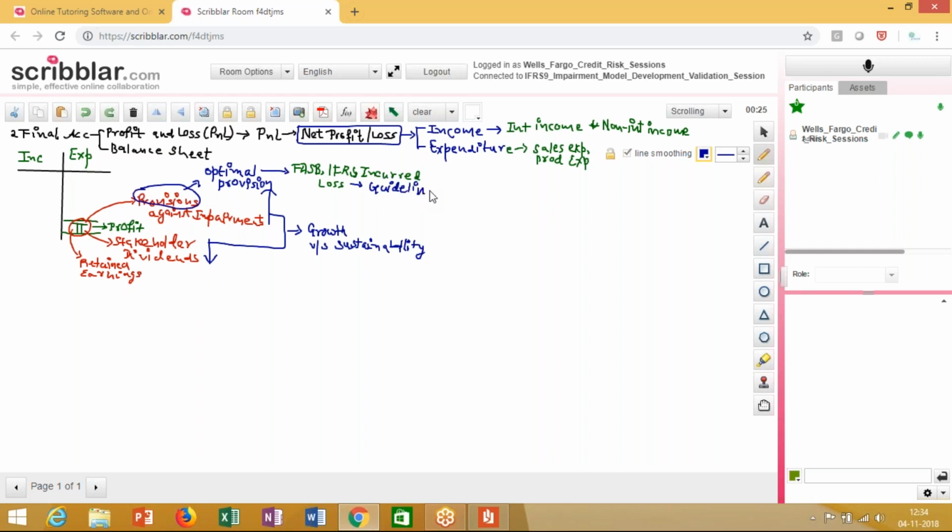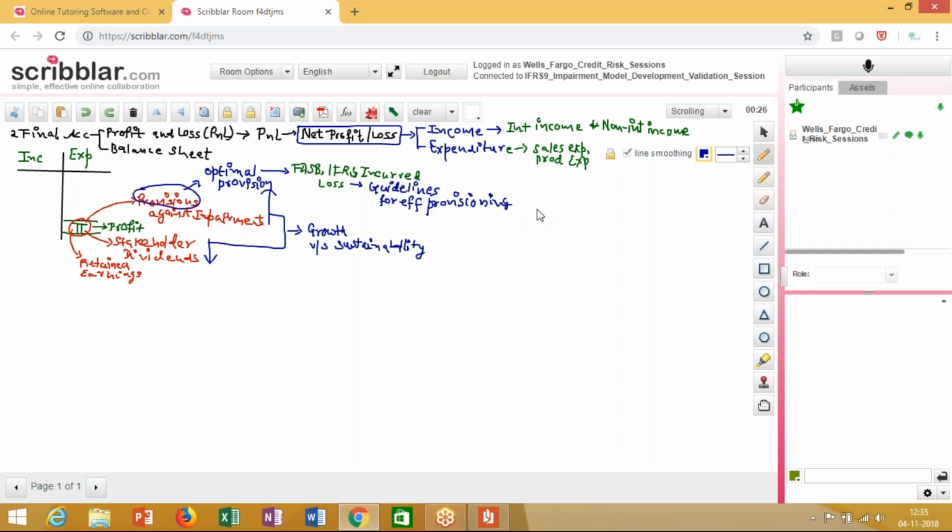These are guidelines for effective provision.